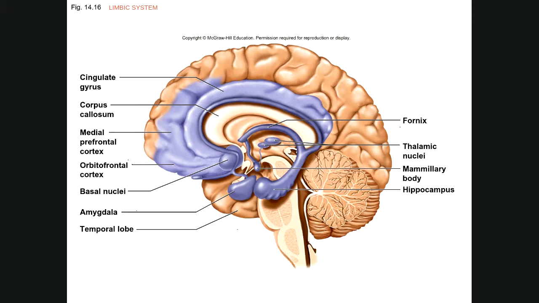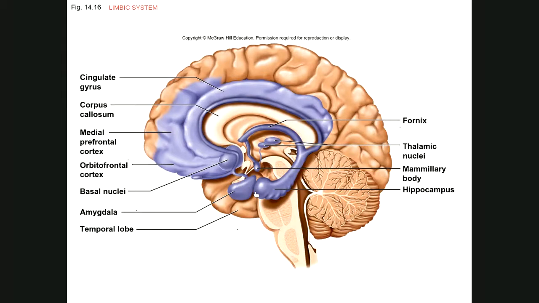Such as the hippocampus. And if you have not heard of it, you'll learn about the hippocampus in a moment. Structures like the hippocampus that you see down here, the mammillary bodies, the amygdala. These are some important areas of the limbic system.